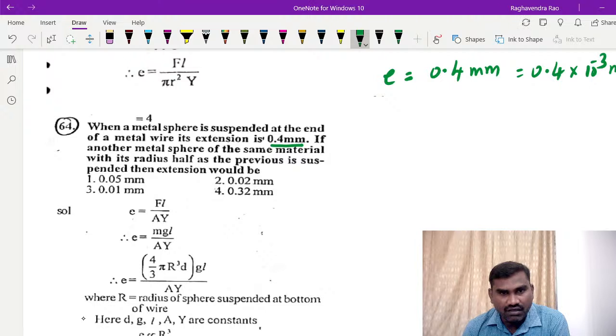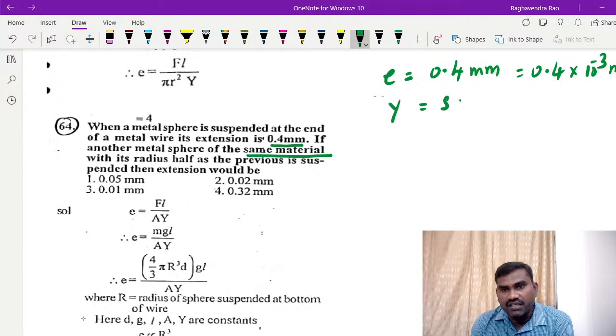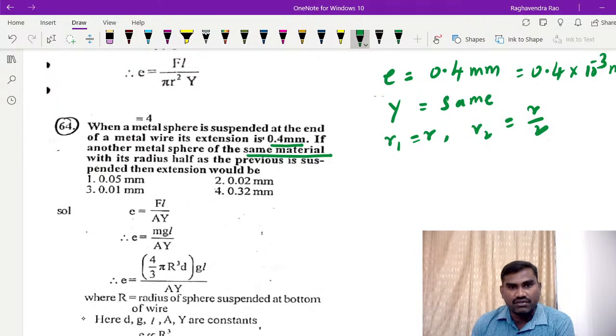Another metal sphere of the same material, which means Young's modulus remains the same, with its radius half of the previous value. That means R1 is equal to R and R2 is equal to R by 2.